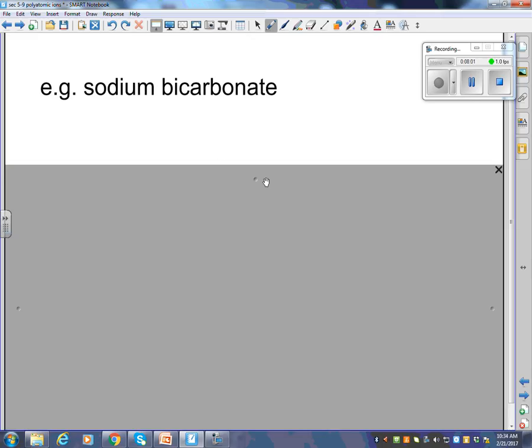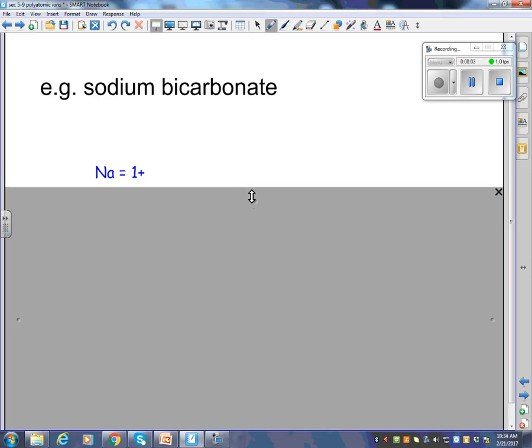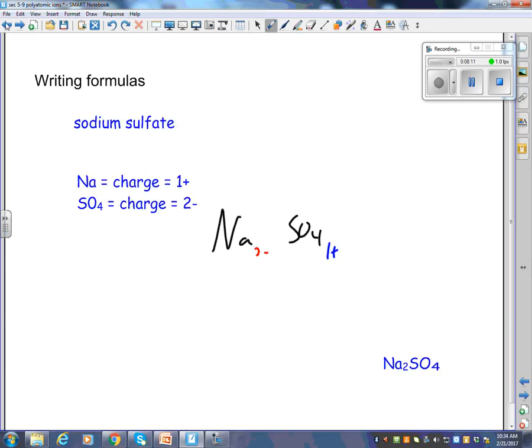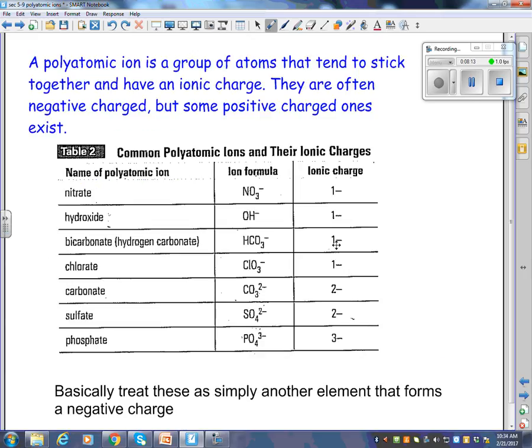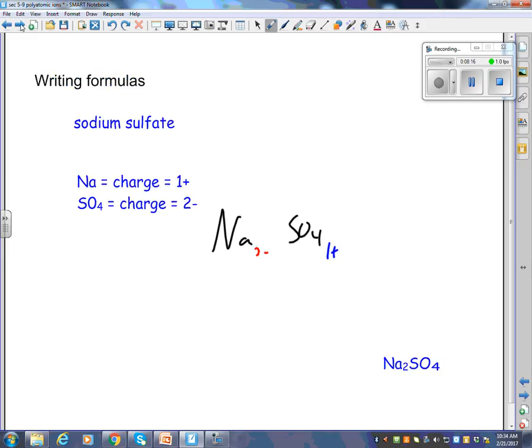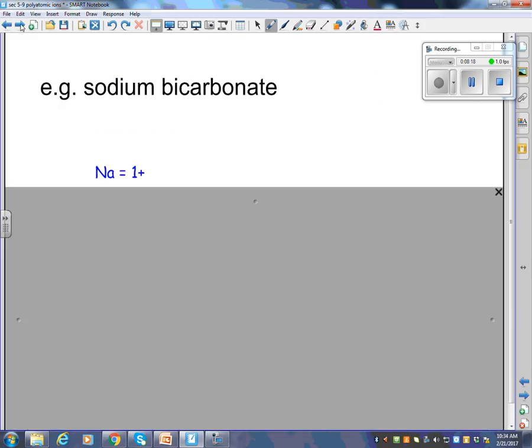So sodium bicarbonate. Once again, the sodium is a 1 positive from our periodic table. Bicarbonate, we're going to have to go back to our list. Bicarbonate is a -1. Oh, this is going to be nice because they match up.